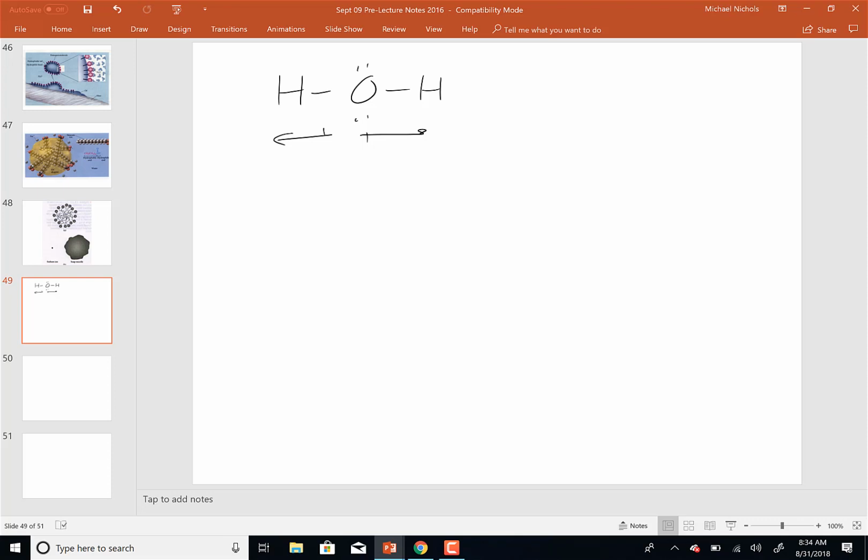Okay. Which I would boil down to one thing. You didn't write the VSEPR geometry of this molecule. You wrote a Lewis dot structure.